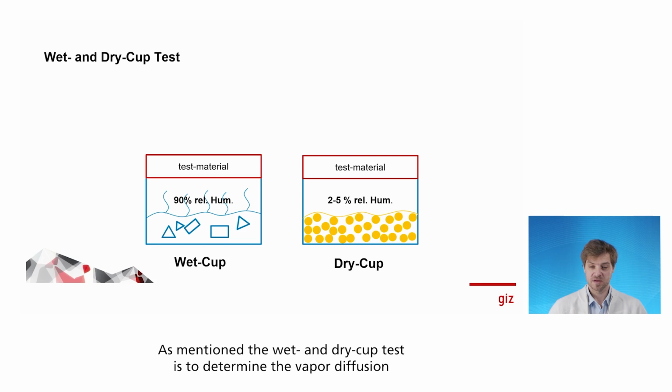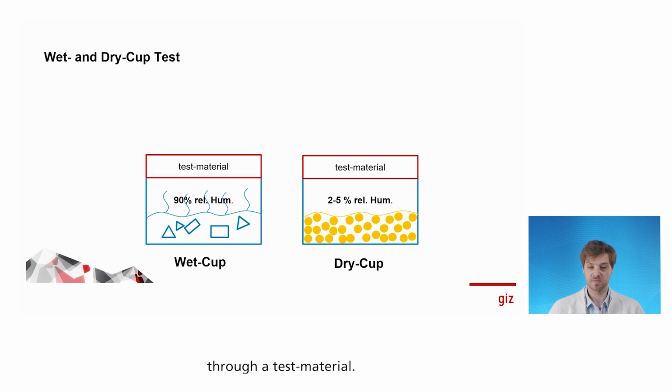As mentioned, the wet and dry cup test is to determine the vapor diffusion through a test material. As you can see here, the test actually comprises two parts. This is due to the fact that vapor diffusion is dependent on the vapor content in the test material. Therefore, one wet cup test and one dry cup test is performed.